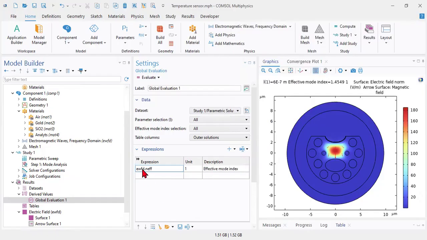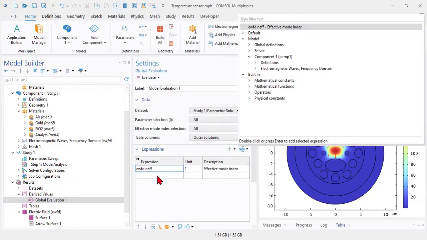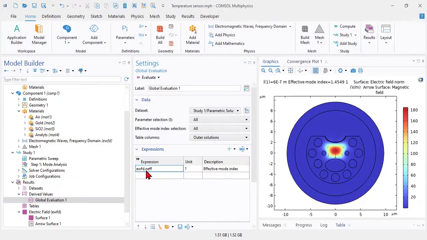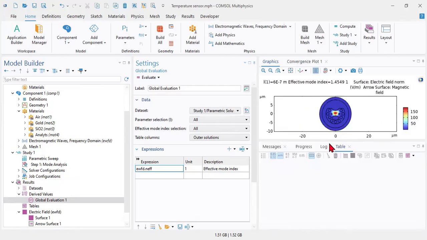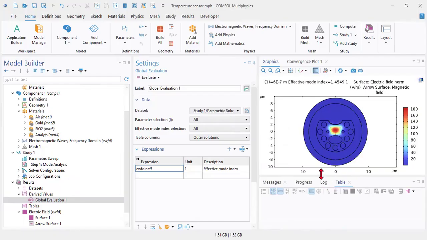So this is ewfd.neff. If you don't want to go through this equation panel, you can just write ewfd.neff. It's completely fine. Okay, then we need to just make it small.